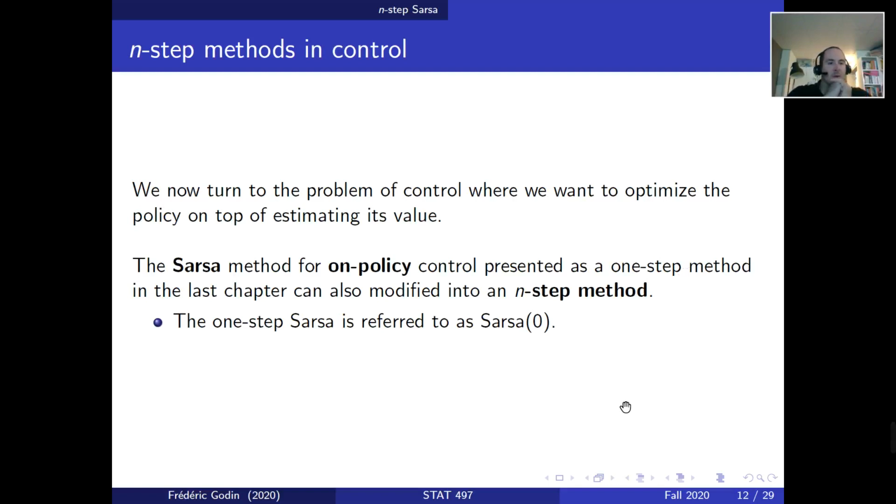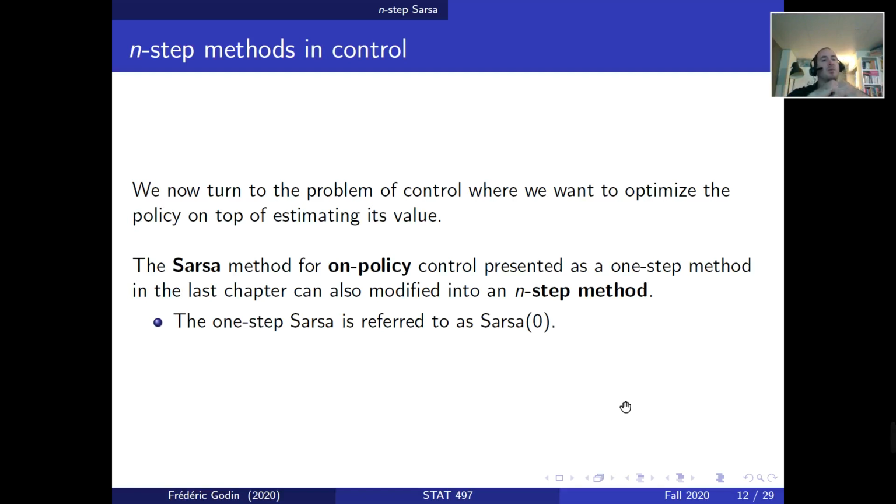Now we've discussed the prediction problem in terms of the n-step method. We're now going to turn to the control problem, where on top of refining our estimate of the value function, we want to continuously improve and alter the policy. The ideas we're going to use here are pretty similar to what we've done in previous chapters.